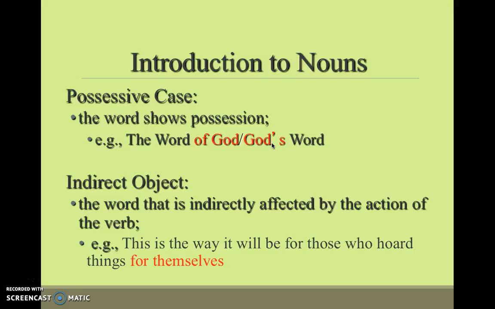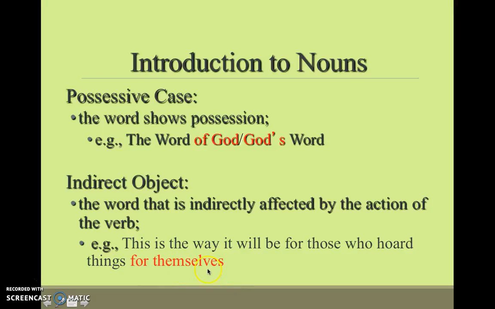In English, we do have indirect objects as well as those direct objects that we just covered. And the indirect object is the word that is not directly affected, or is rather indirectly affected by the action of the verb. So in the example sentence here, this is the way it will be for those who hoard things for themselves.